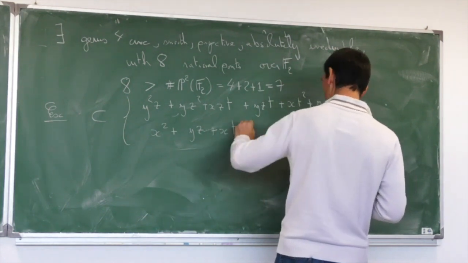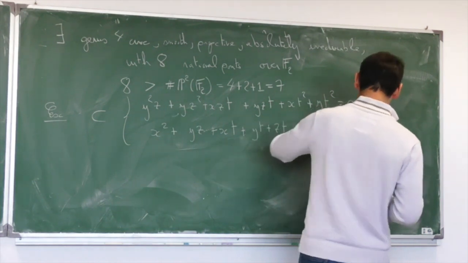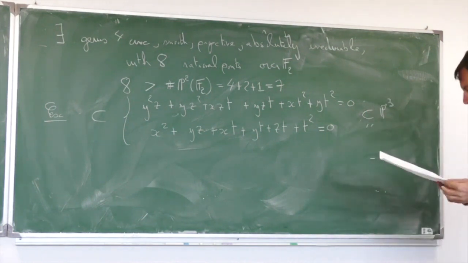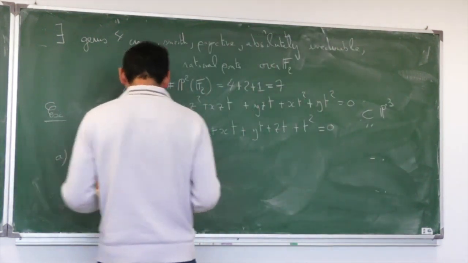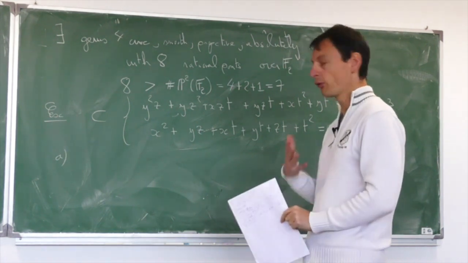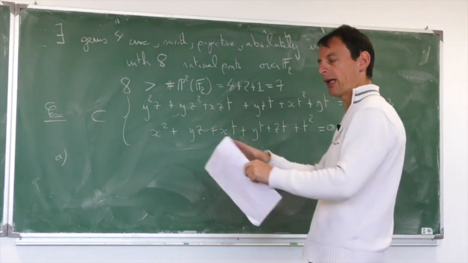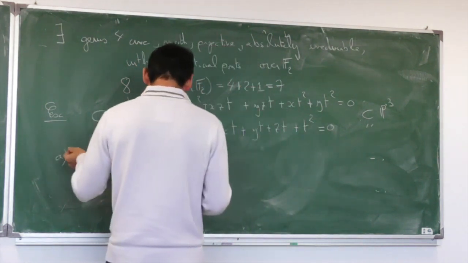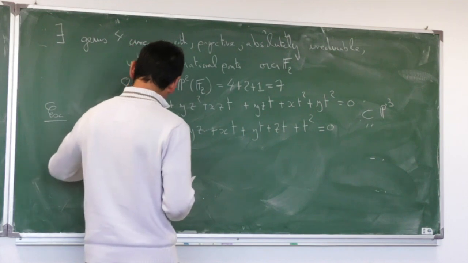So xt plus yt plus zt plus t squared equals 0. So this is a model inside P3. And first, using the definition, the Jacobian criterion that is stated in the course for affine curves, but here you have a projective curve, so you will have to cut affine charts. But once you do that, it's just to apply the definition, and then you prove that C is indeed smooth.